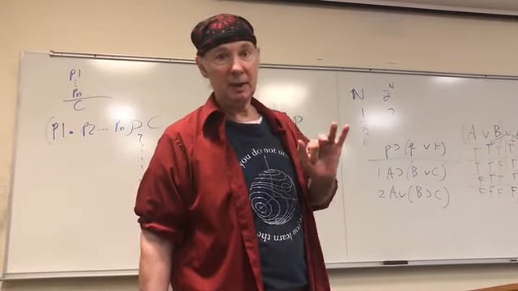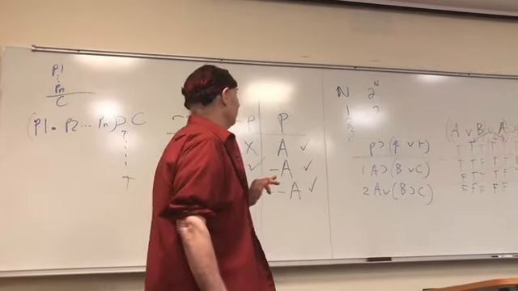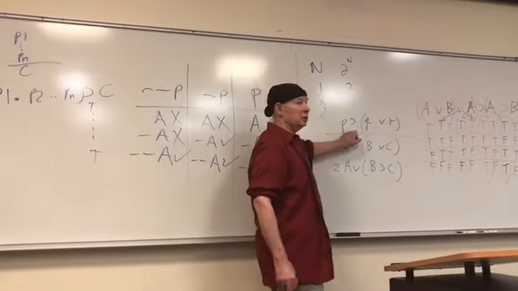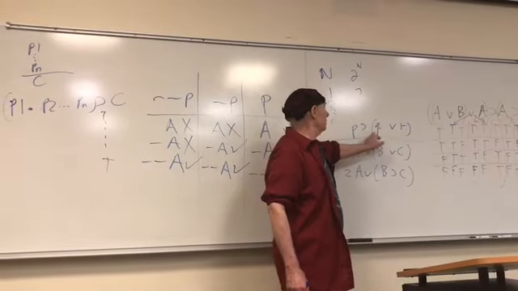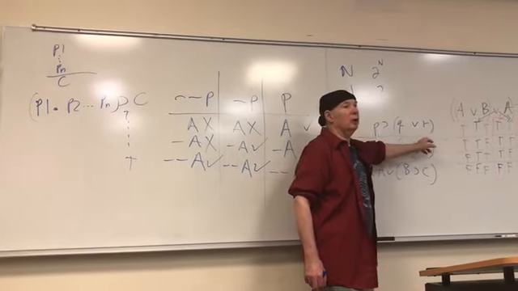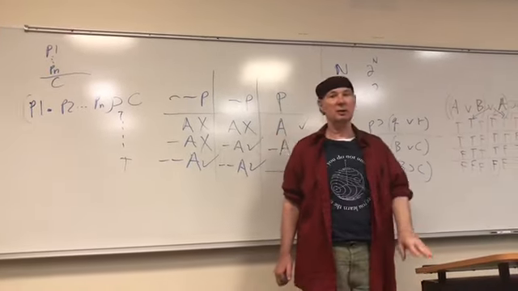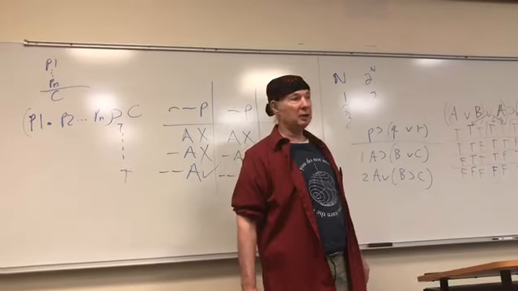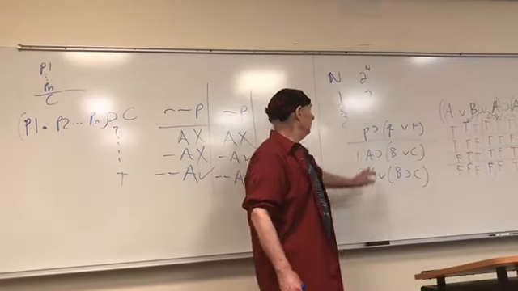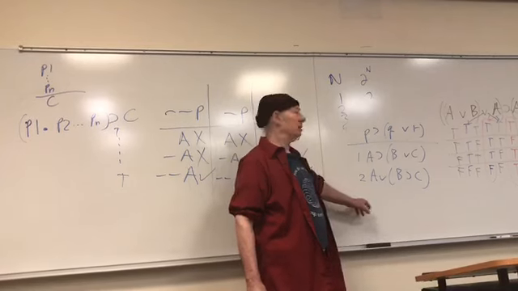And to see what that means, let's look at this example. P horseshoe, left parenthesis, Q wedge R, right parenthesis. Okay, that's our sentence form, and here are two sentences.